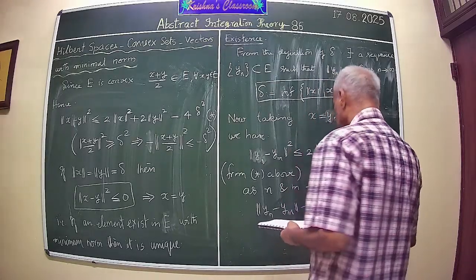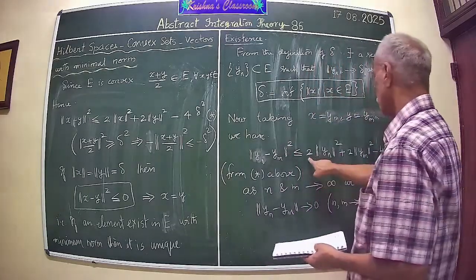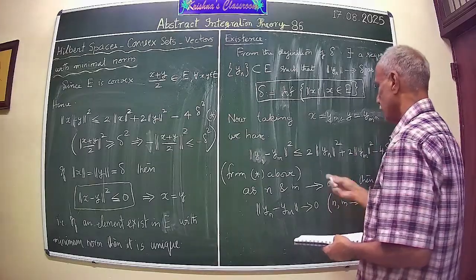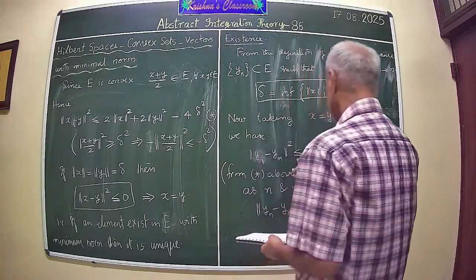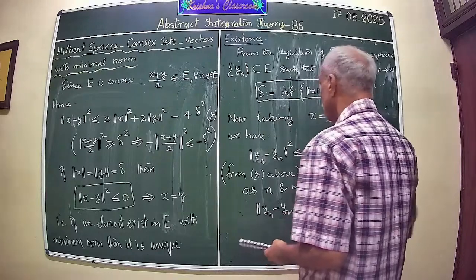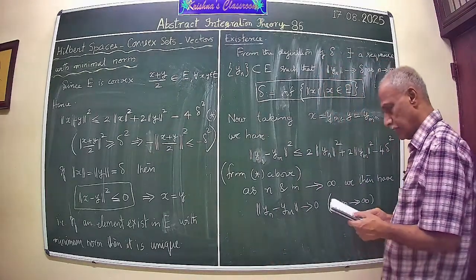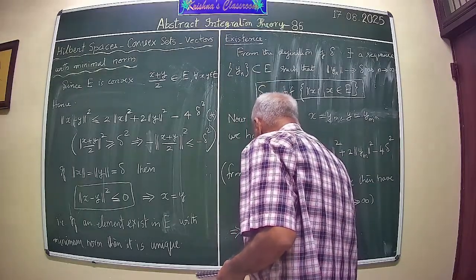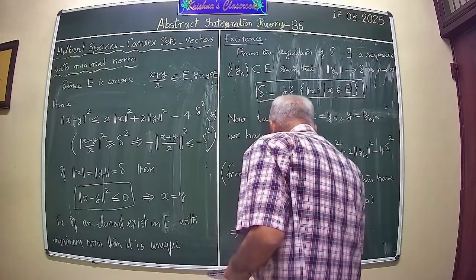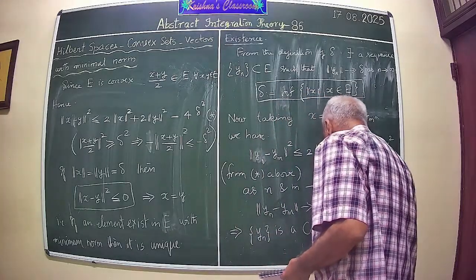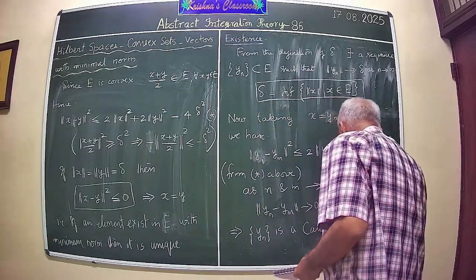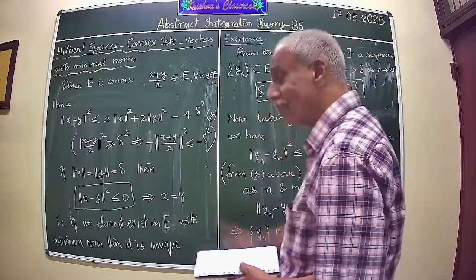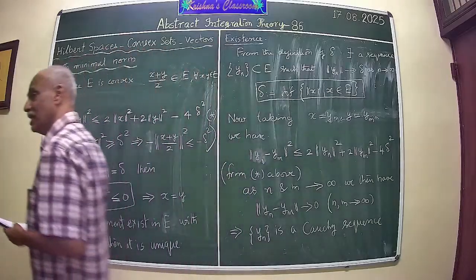That's very easy to see from this inequality, because this goes to 2 delta square plus 2 delta square minus 4 delta square, that's 0. So this is what you get. So this is less than or equal to 0, which means that this goes to 0. Okay, which implies it's a Cauchy sequence.